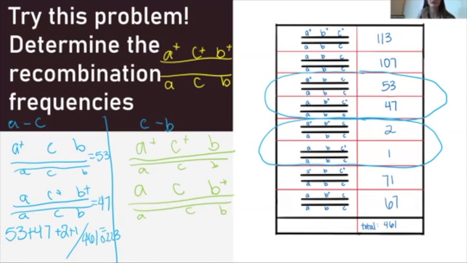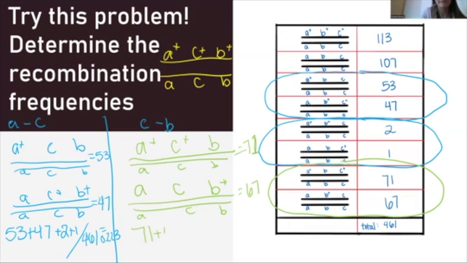So now let's find these on the chart. If you go to the chart and you're looking for that, you should find it with the 71 and 67. 71 has the A plus, the C plus, and the B. And the 67 has the A, C, B plus. So now I calculate my recombination frequency between C and B, and I'm going to add those two numbers together, plus the numbers from the double crossover, and divide by the total.